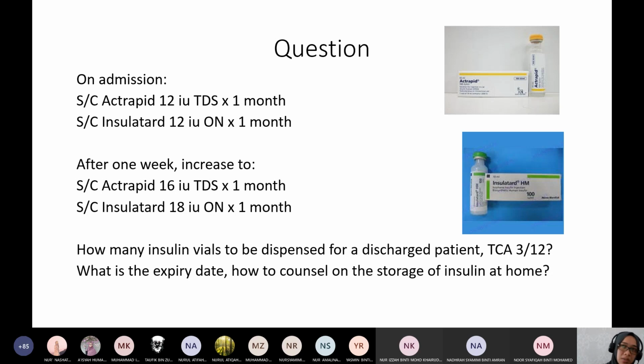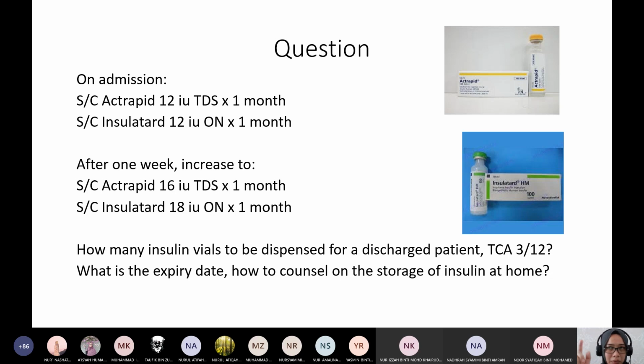So even in the next 3 days, when you receive a new prescription of the same medication here, you don't need to supply, unless the dose has increased and the medication seems like it is going to finish soon. But if you receive the same prescription on the next trolley day, for insulin you should not supply.